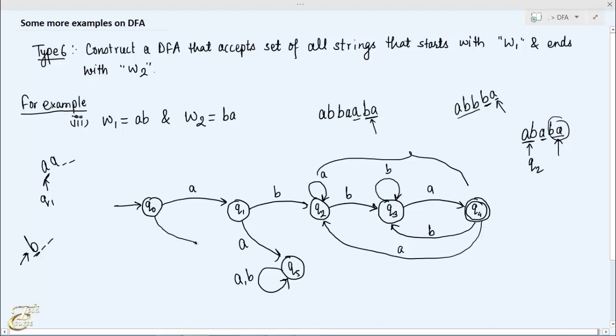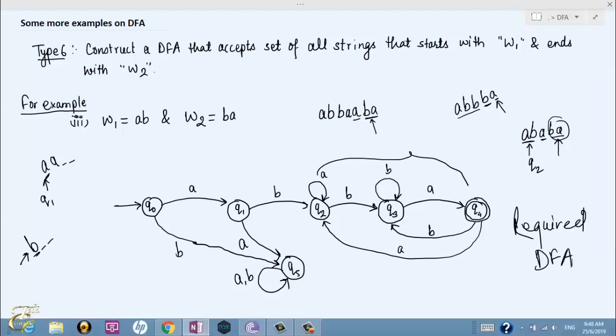So here we move to the dead state Q5 on reading the symbol B in Q0 state, and whatever the symbol comes after this B can't be accepted. That's why we just revolve around Q5 on reading A or B. So this is our required DFA.